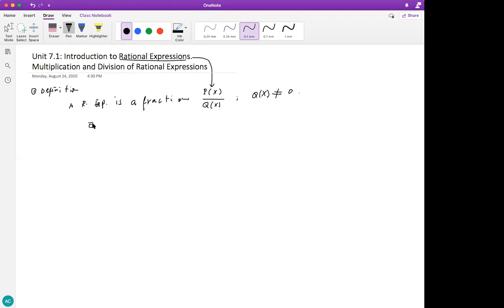Let's write some examples of them. It could be, for example, 1 over x. That's a rational expression. This is a monomial. You can also consider this a monomial, so that's a rational expression.